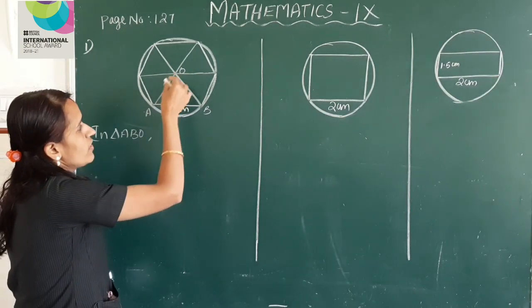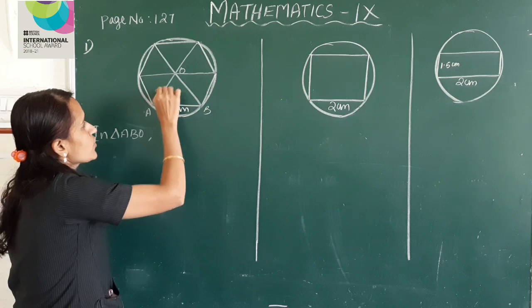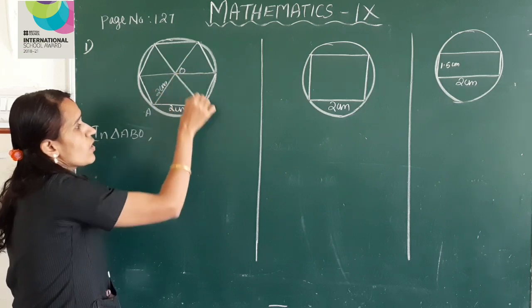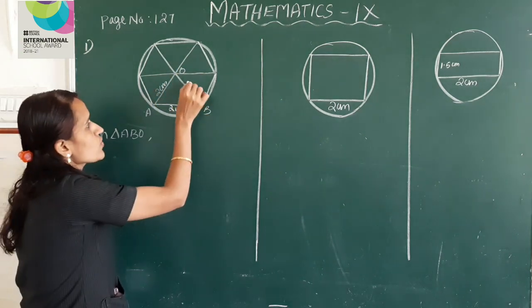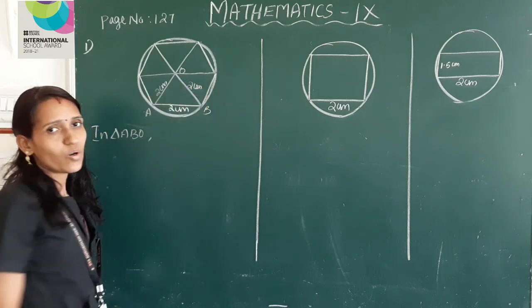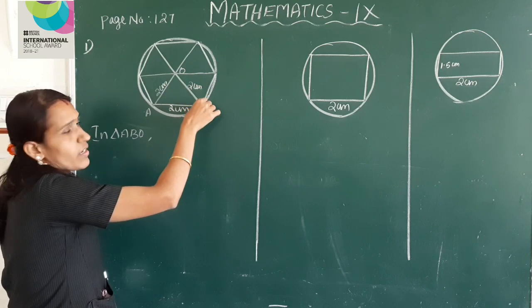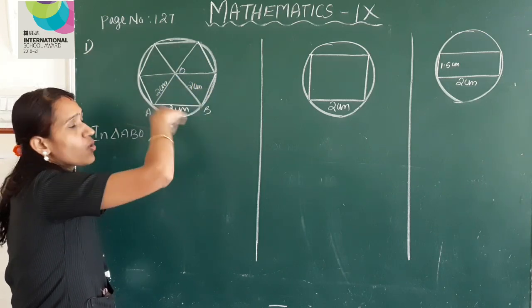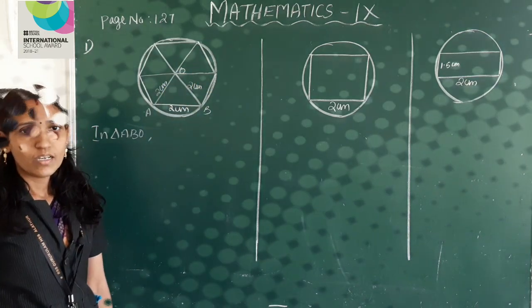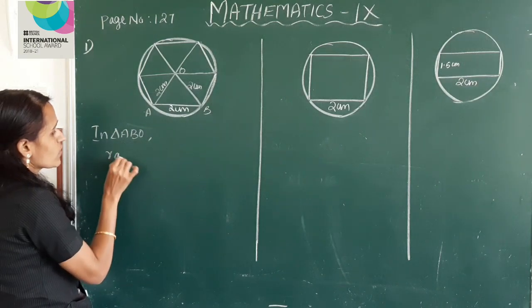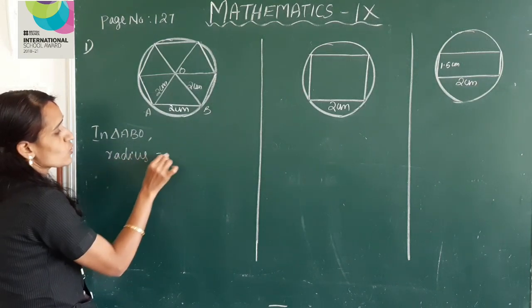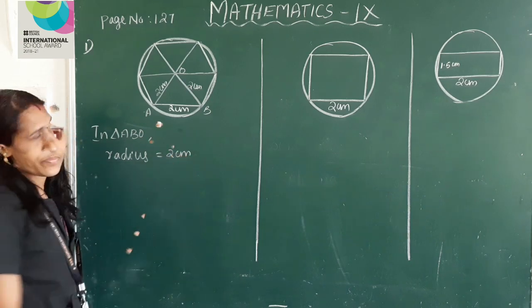So, here OA is 2 cm and OB is also 2 cm. Here OA and OB are radius of this circle. So, radius is equal to 2 cm.